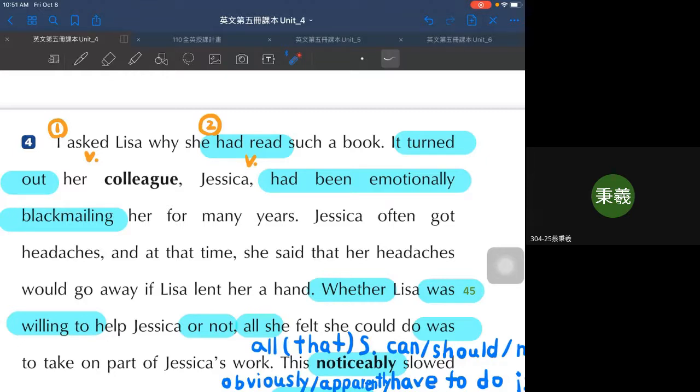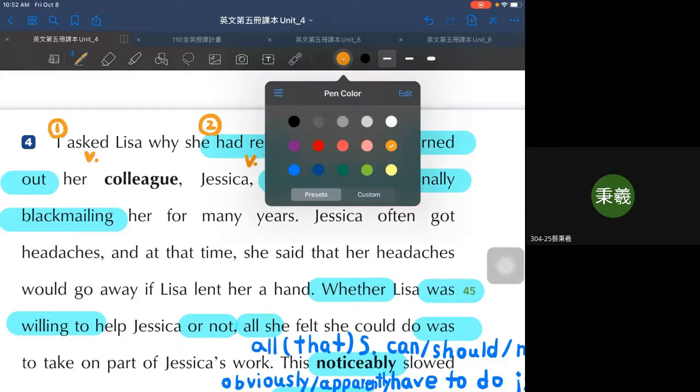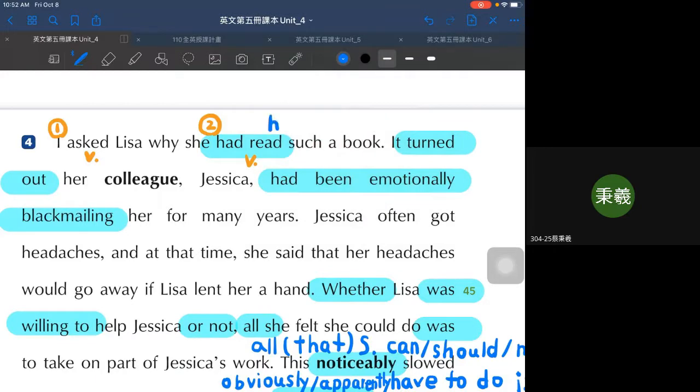Yeah. So that's why we use she had read, right? So we use this kind of had PP to say something that happened earlier, all right? Okay, so there will be the phrase here you should still remember. We use this form to say something that happened earlier, right? So had read such a book.